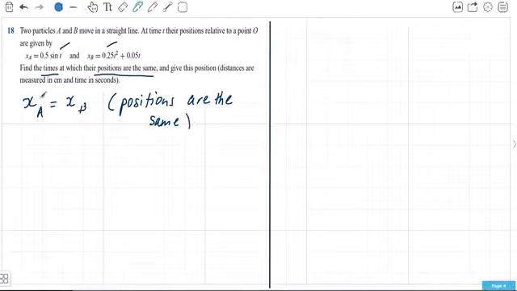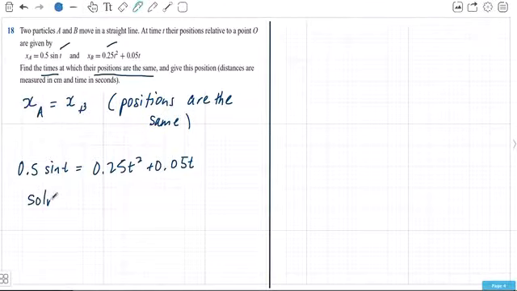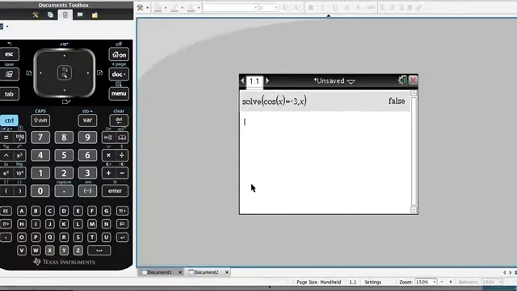So if we do that, you can see xa, I'm just doing a substitution. So we've got 0.5 sine t equals 0.25 t squared plus 0.05 t. And because it's got decimals, we can solve that using your TI. I'm just going to go to my CAS and type that in.